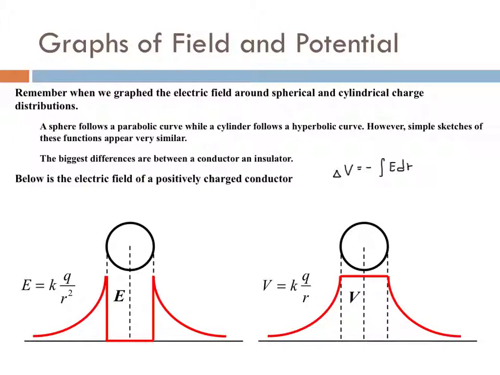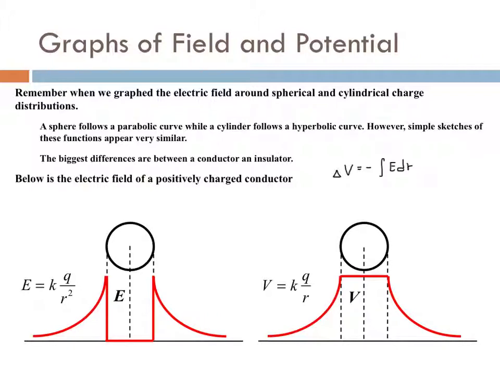On the left-hand side, you see a graph of a conductor. Again, we know that outside of our conductor, we have an electric field that decreases with respect to 1 over r squared. And inside my conductor, I have no electric field.